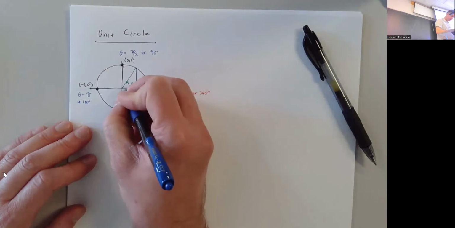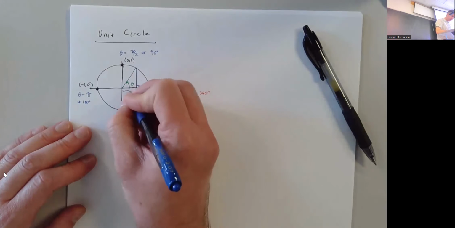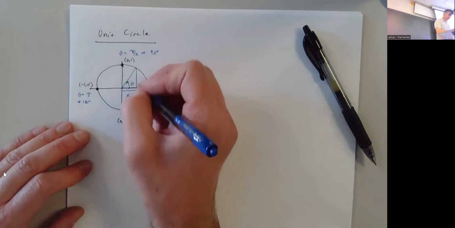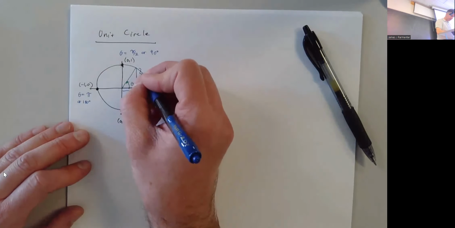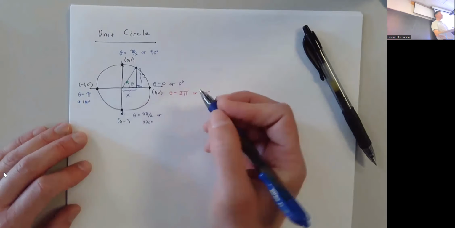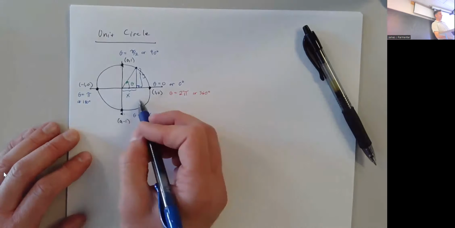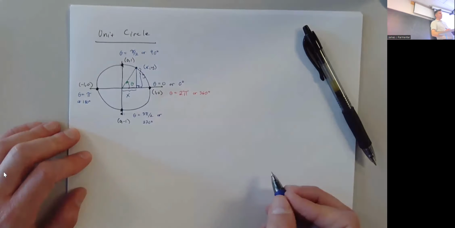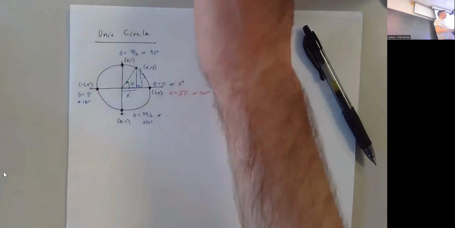I'm going to call the base of my triangle x because I've gone over x, and the height of my triangle y. So this coordinate on the unit circle is the point over x, up y. But now, and what's the radius of my circle again?